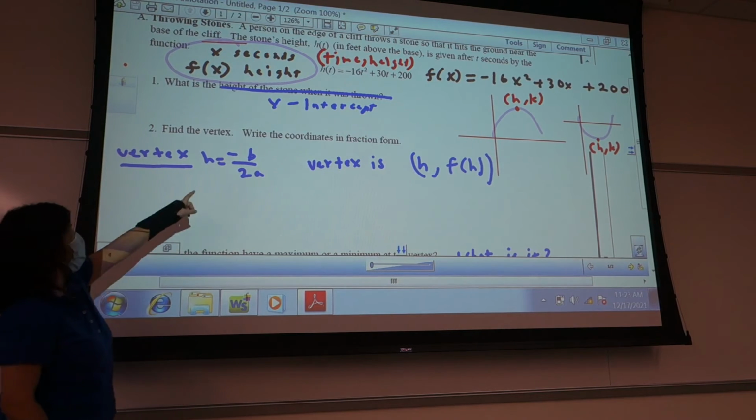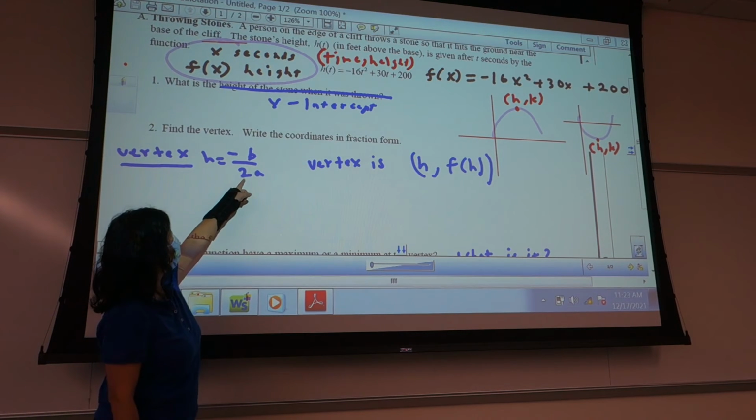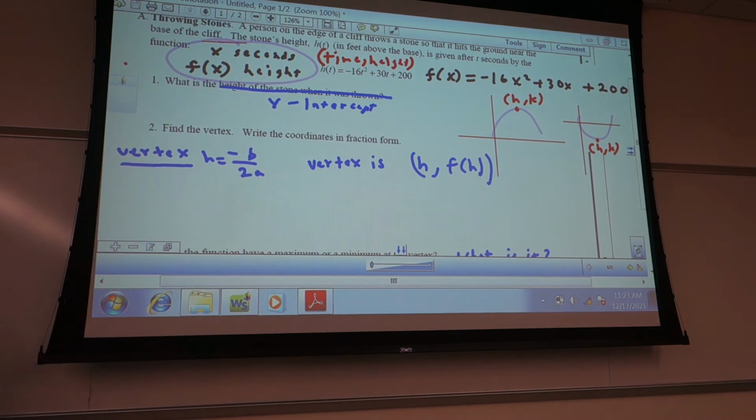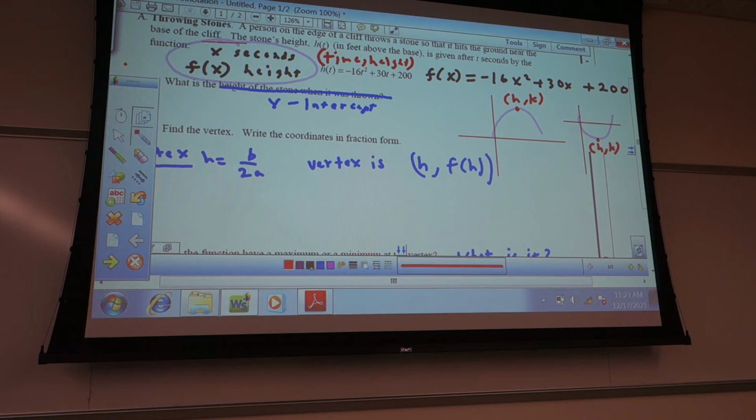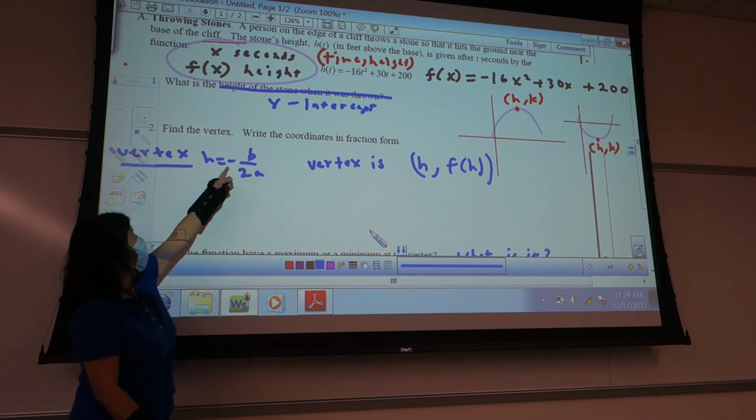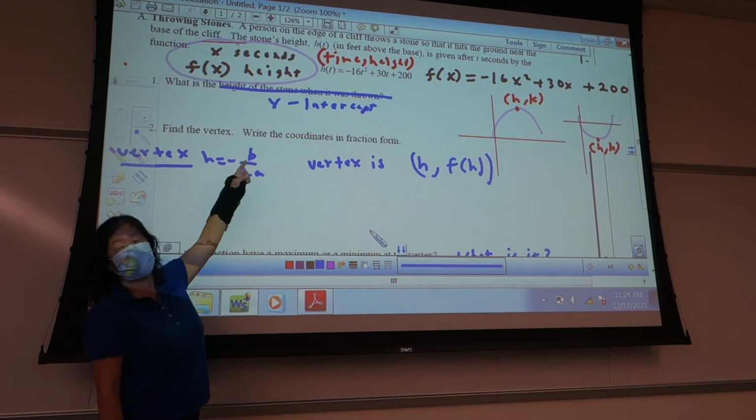So that's what we're sorting out. We're going to use the fact that h is negative b over 2a. I should probably give it to you with the negative in front, because you shouldn't always have to have the negative on top. This negative can float: it can go on the top, on the bottom, or in front.